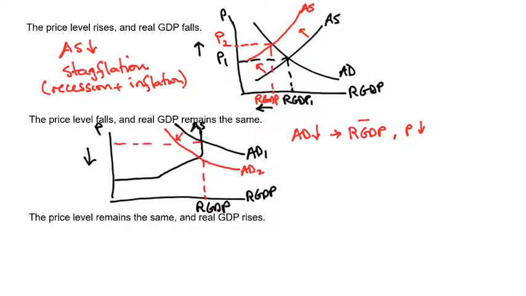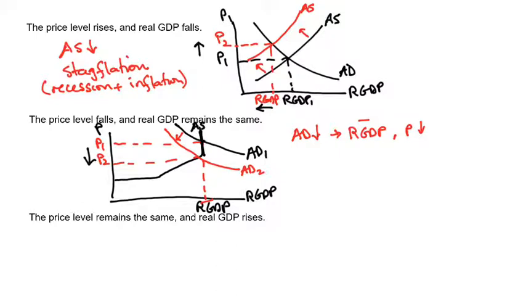Here we have the initial price level. The price level goes down, but the real GDP level remains the same. And this happens only when the aggregate demand curve initially is placed on the horizontal portion of the AS curve. Okay, so it's right here.